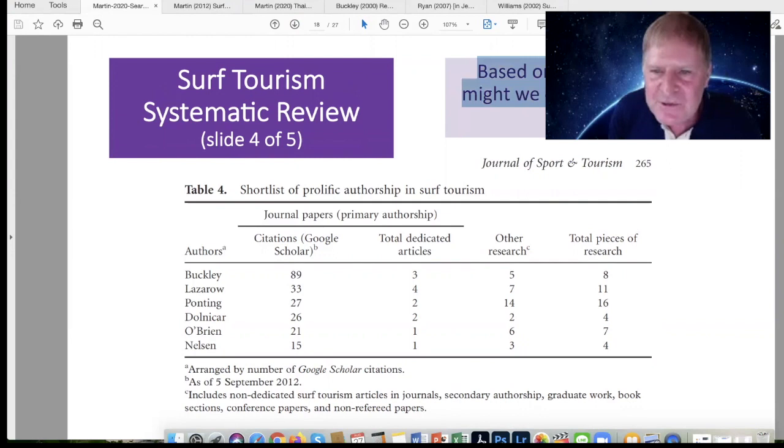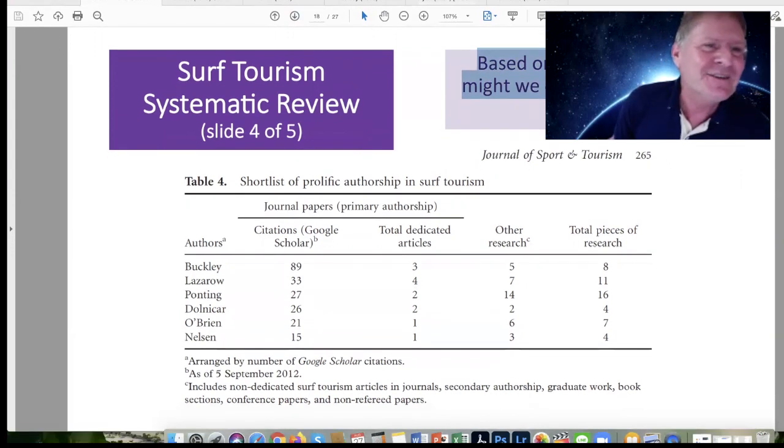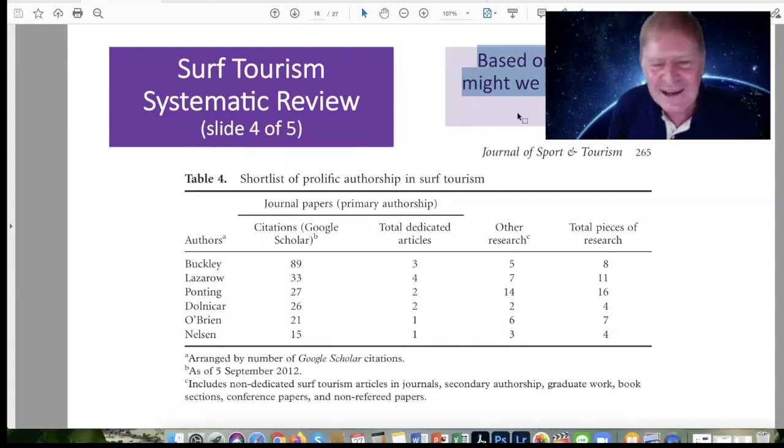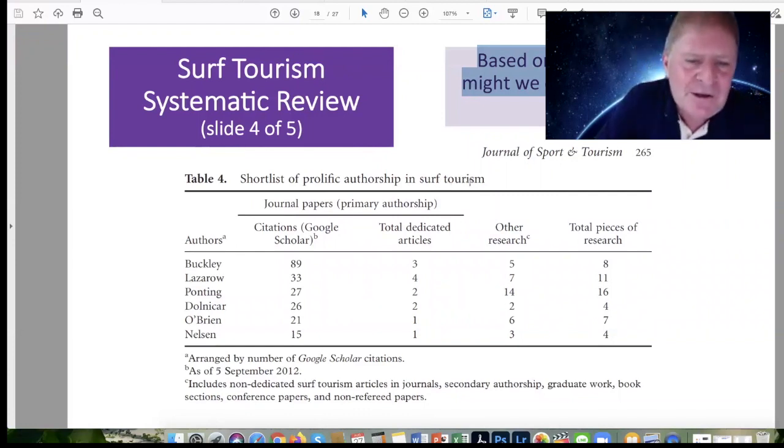So based on these results, who might we contact for an interview? I'm just trying to spark the concept here. If we look at this table, which was a short list of prolific authorship in the field, Amelia, in your halal topic, you'll soon know who the prolific authors are.